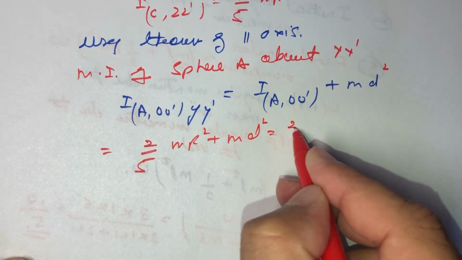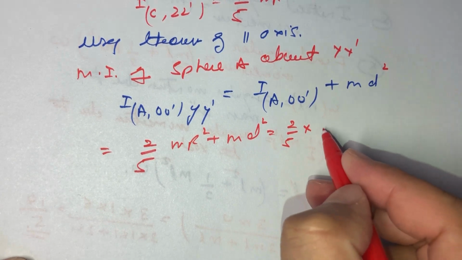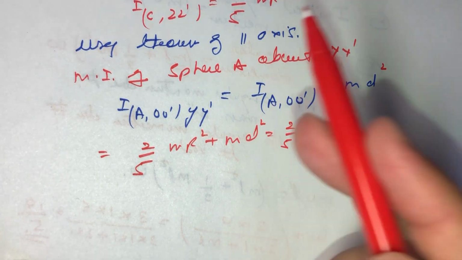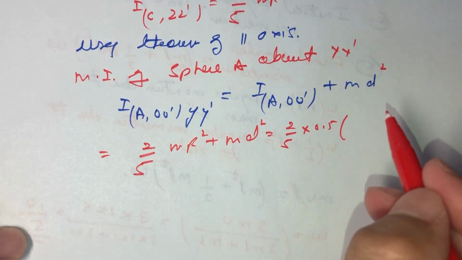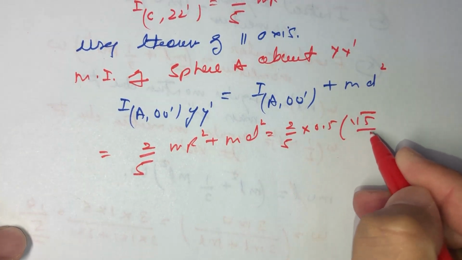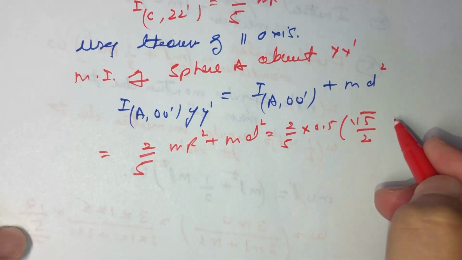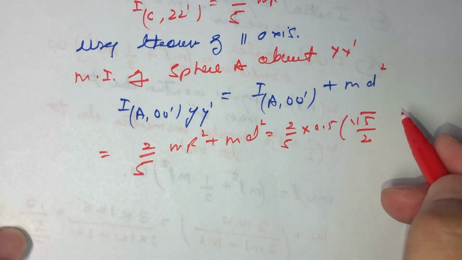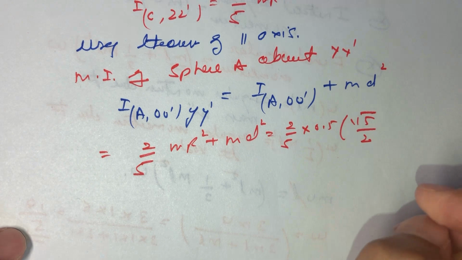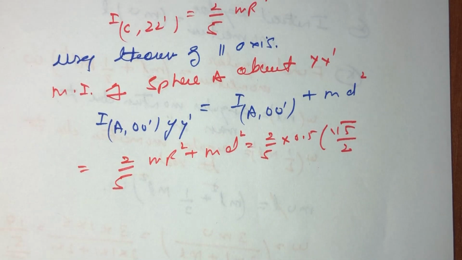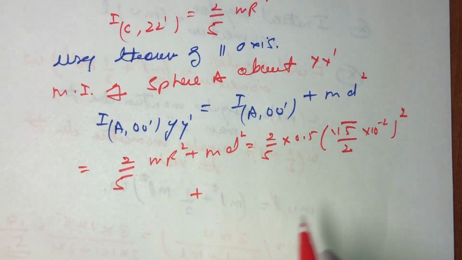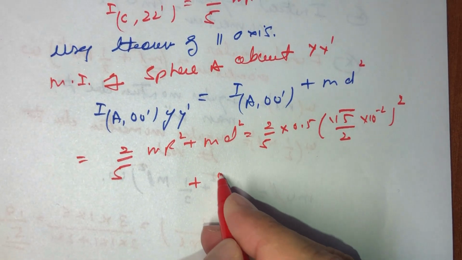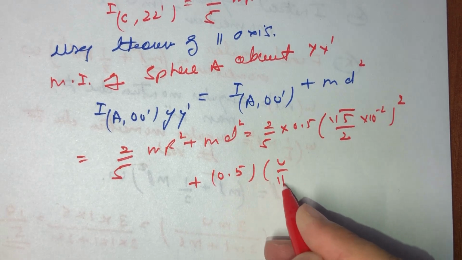Substituting the value, we get 2 by 5, mass is given as 0.5 kg, so this is 0.5, and diameter is 5 centimeter, so we can find out its radius, and it is coming as 5 divided by 2 centimeter, that is 10 raised to power minus 2 whole square, plus mass 0.5 multiplied by D, D is 4 by square root of 2, whole square.